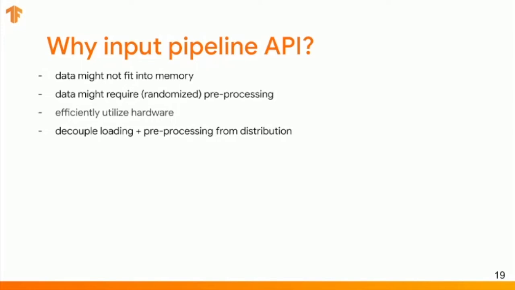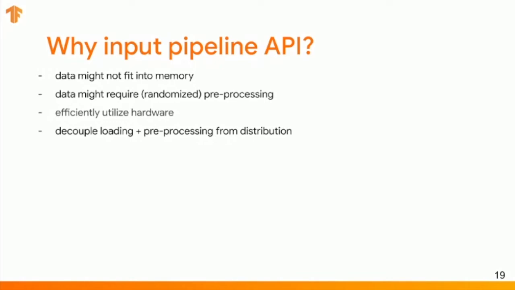And decoupling loading and pre-processing from distribution is because you want to make sure that your pre-processing is done in such a way that you can apply the same pre-processing when you are serving the data.